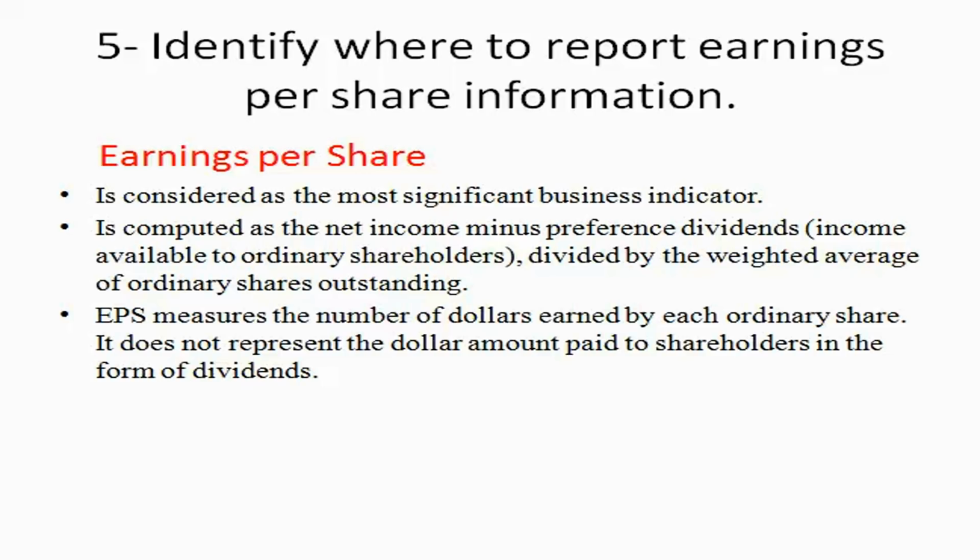Then we learned what earnings per share is: the net income minus the preference dividends divided by the weighted average of the ordinary shares. We agreed that it measures the number of dollars earned by each ordinary share, how much each share earned.